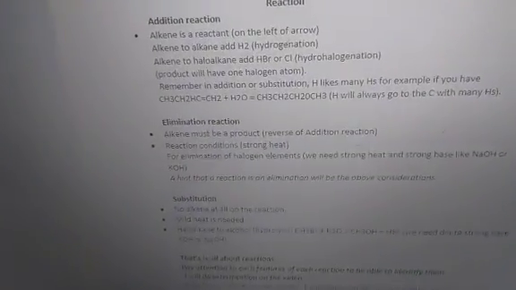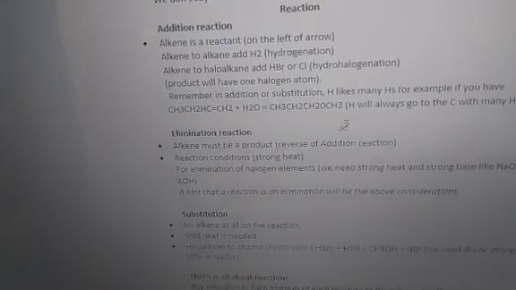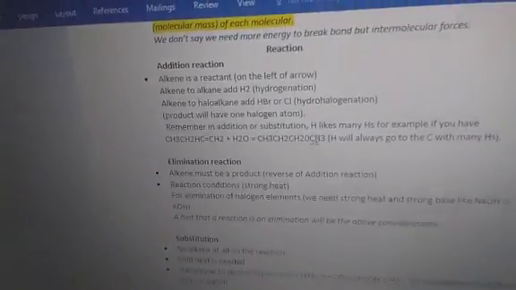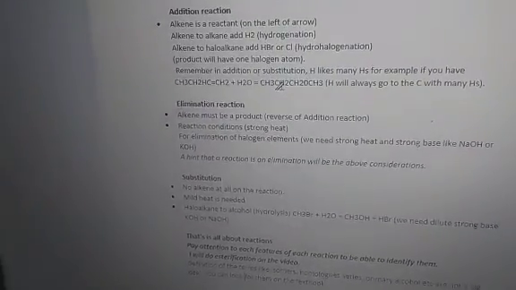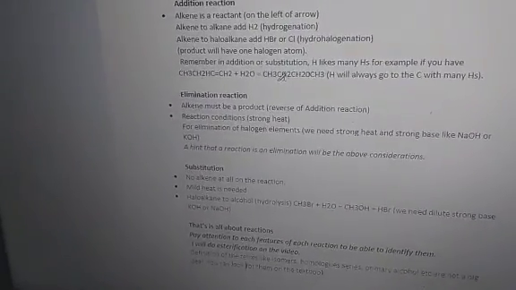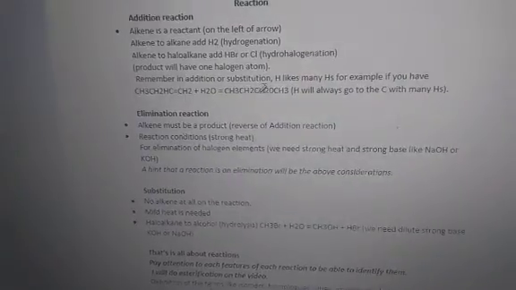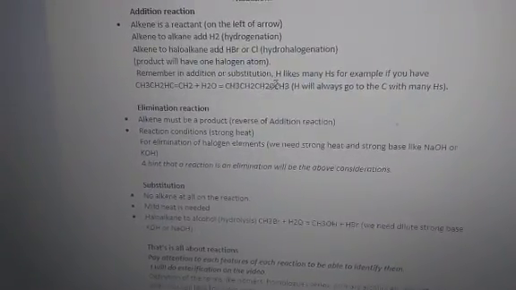Elimination should be the opposite of this, because if you look on the right hand side, you started off having, I would say maybe, an alcohol or something.